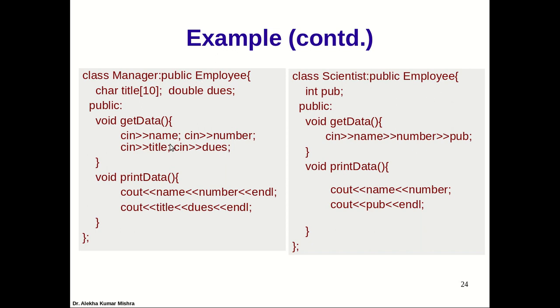That's why we are able to access them directly. Name, number, publication. So you see that the name and number are not defined here. These are not data members of this class, they are data members of the employee class, but because inherited publicly, these are available as protected members of these two classes. Okay, so we can print this information here.